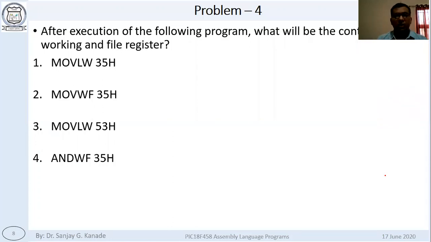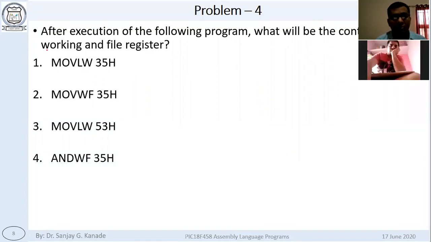Now I will ask one question. I'm not asking for the final answer right now yet. I'm asking: which file register are they talking about in the problem? See, they are asking about the contents of the working register, meaning W, right? Contents of W is one question, and another part is the file register. Which file register are they asking about?